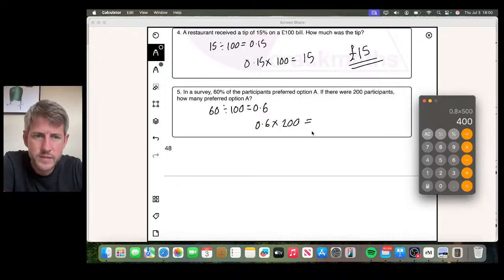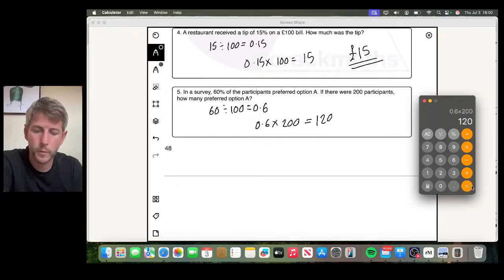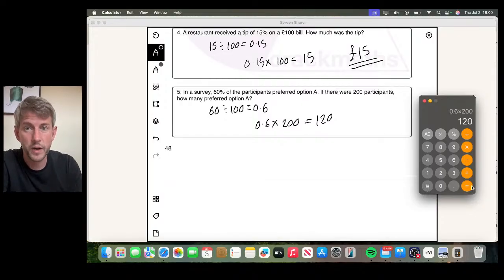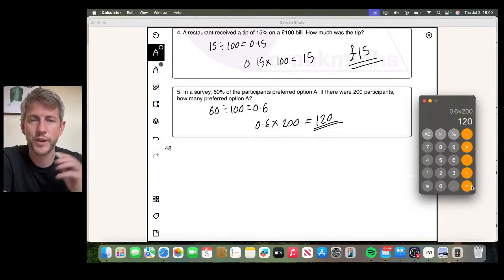Let's find out what that is. I think it'll be 120. Yeah, equals 120. So 60% of 200 is 120. So the answer is 120 participants preferred option A.